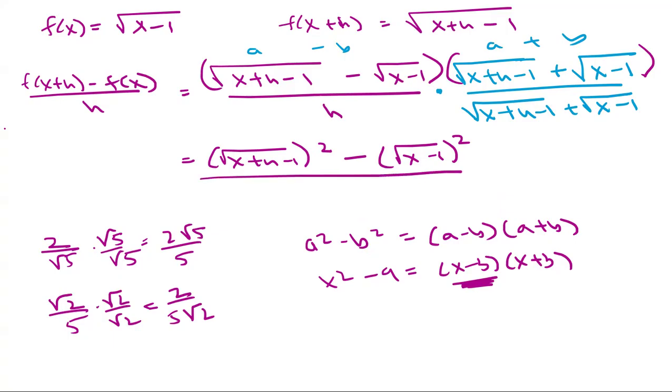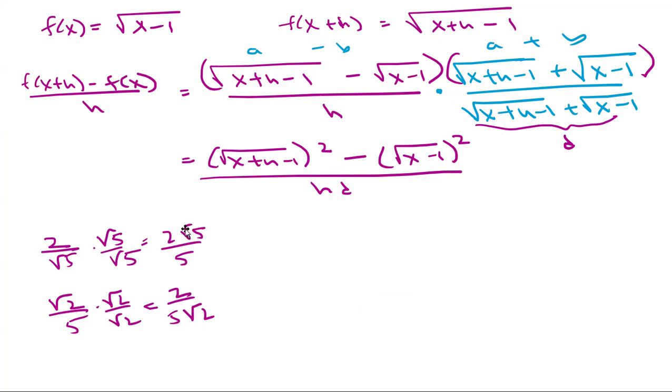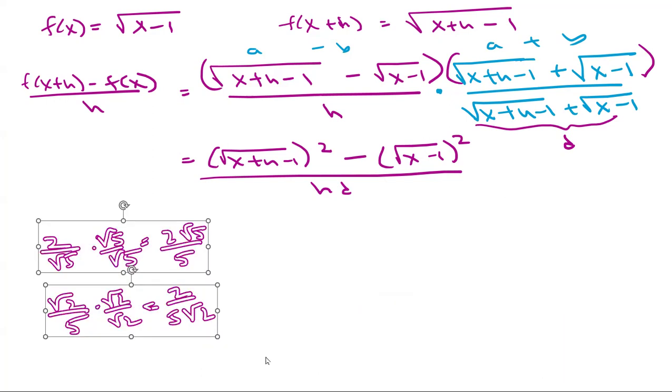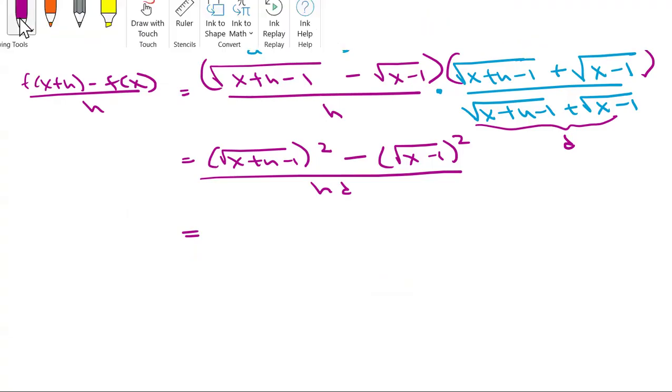And then we have that whole denominator still. And I'm going to represent this sucker here as D. Okay, so I'll have h times D, so I don't have to keep writing that whole big thing. Okay, so let me erase this down here. All right, so now we have the radical and the square, so they're going to cancel.